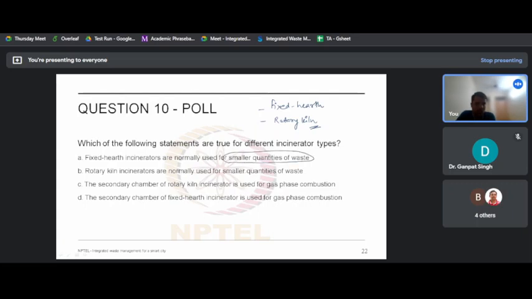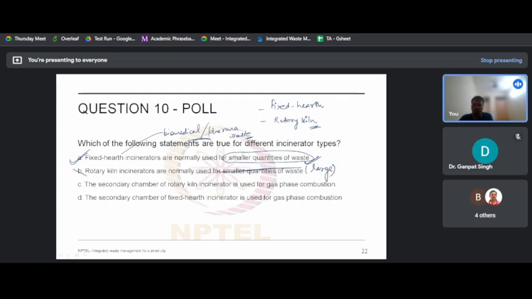It cannot deal with very large quantities of waste, so it will be used for incineration of biomedical and pharmaceutical waste. These are biomedical facilities and pharma research facilities, which are supposed to install an incinerator so that they can deal with the waste internally. They won't have much waste production because it will be very controlled, so they deal with smaller quantities only. So A is correct. Rotary kiln is not used for small quantities. We can use it for larger quantities.